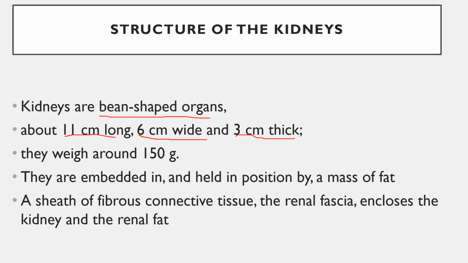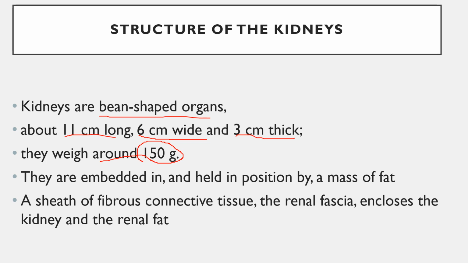But you will say that it's bean-shaped, 11 centimeters long, 6 centimeters wide, 3 centimeters thick. If you take the kidney to the scale, you will get around 150 grams. We are talking about the kidney here.